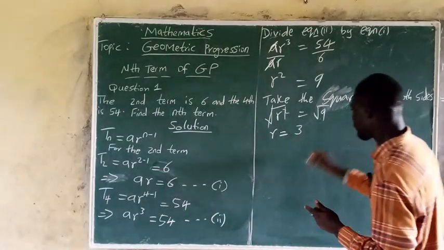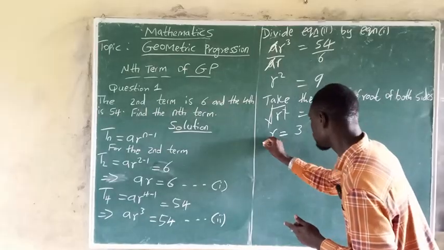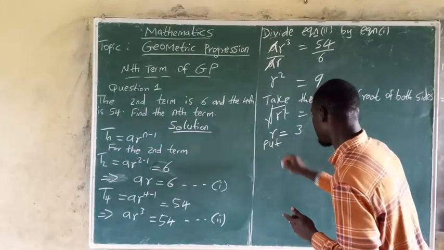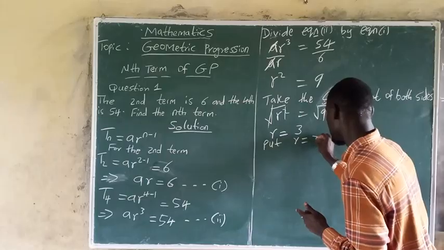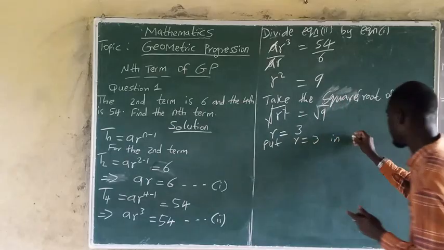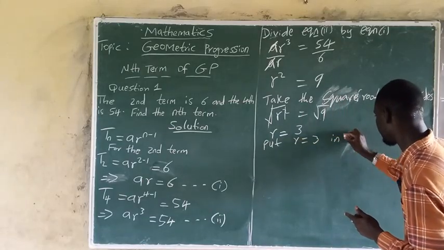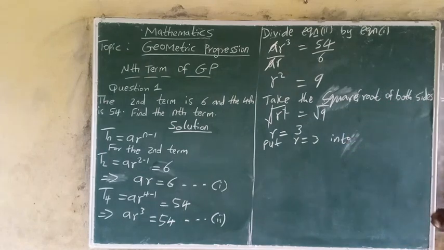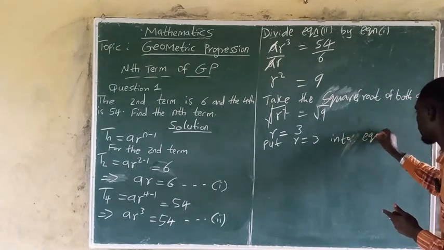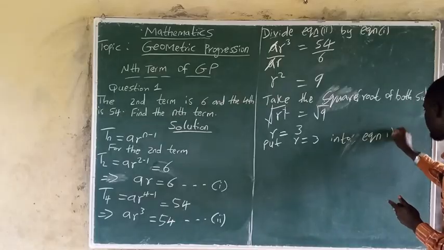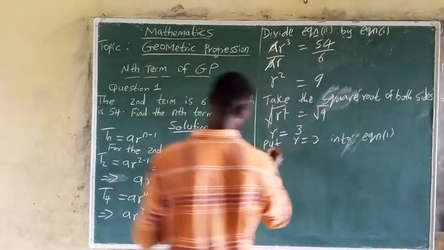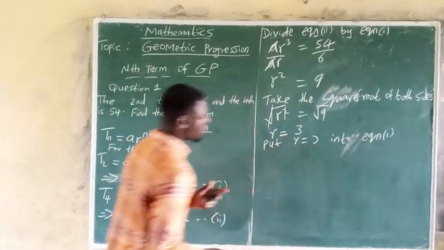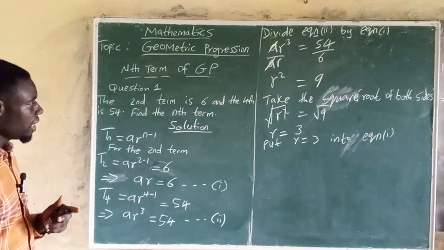What do we do now? Put r equals 3 into equation 1.